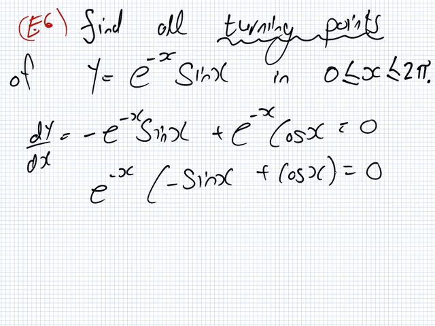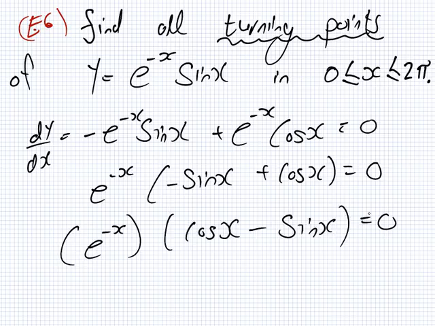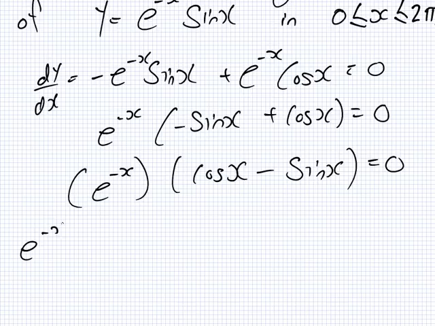Or in other words, e^(-x) times (cos x minus sin x) equals 0. Okay, what's next? Will you multiply that? No, because we just took it out. So either e^(-x) equals 0 or cos x minus sin x equals 0.